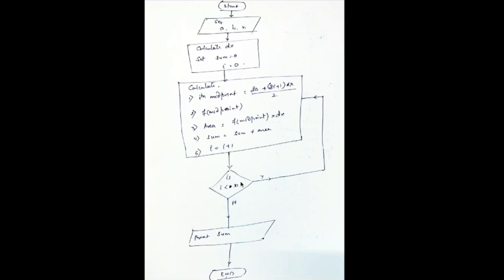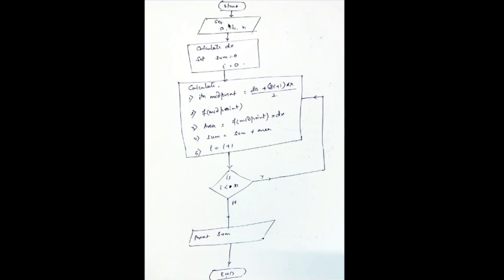If i is less than n and the answer is yes, it will go back and repeat all these steps once again, until i, which gets incremented every time, becomes equal to n. When i is equal to n, the answer to this question is no, the loop will break, and then you can print the sum and end the program.